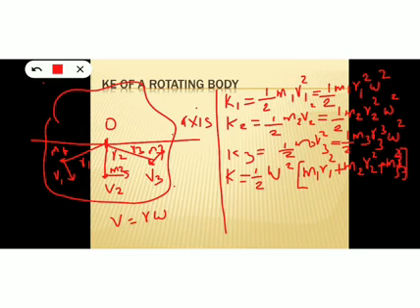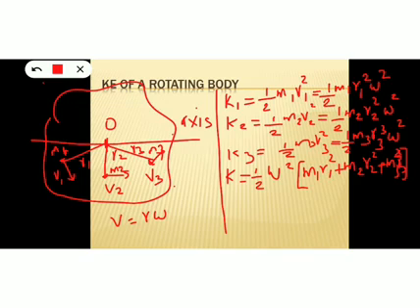Now what are m1 r1 square, m2 r2 square, m3 r3 square? m1 r1 square is the moment of inertia of the first particle, m2 r2 square is the moment of inertia of the second particle, and m3 r3 square is the moment of inertia of the third particle.